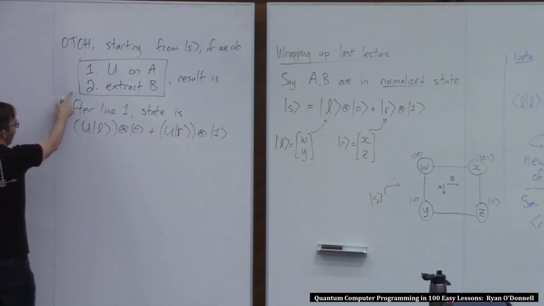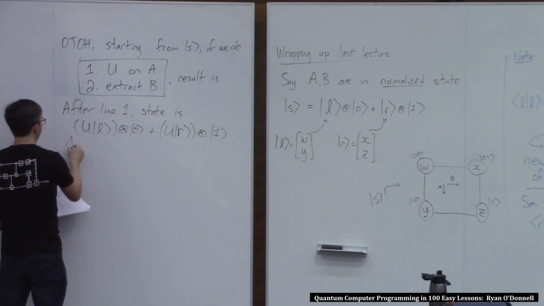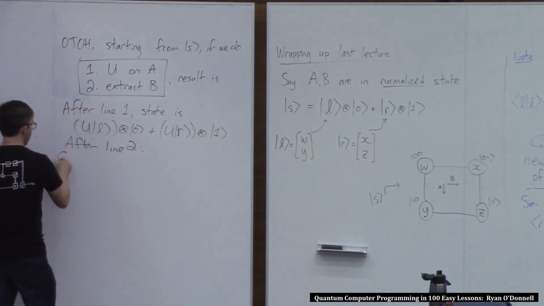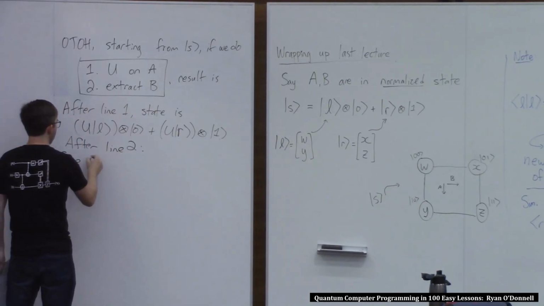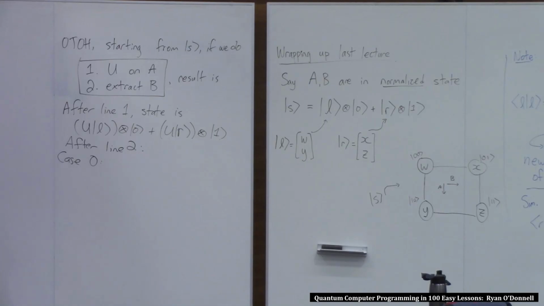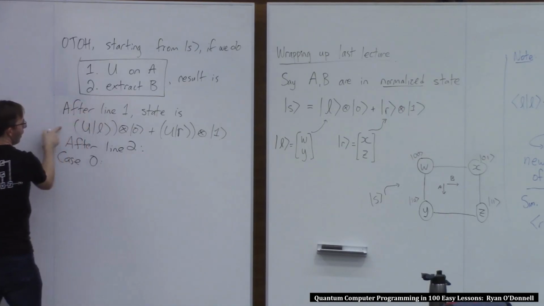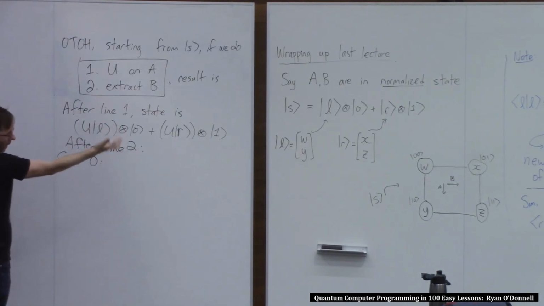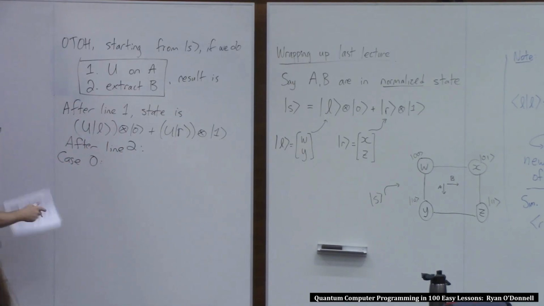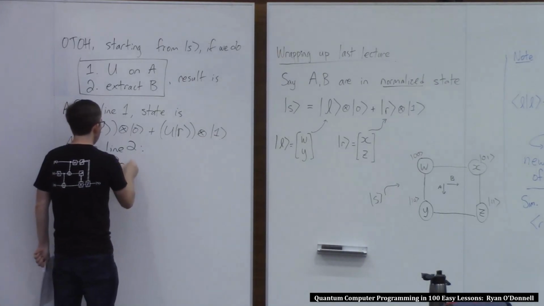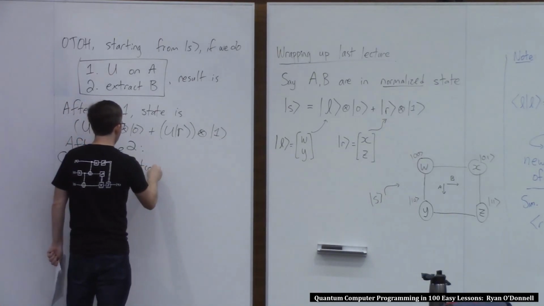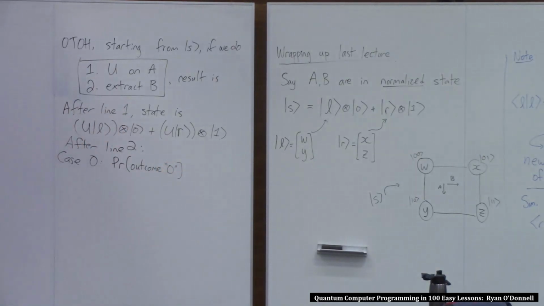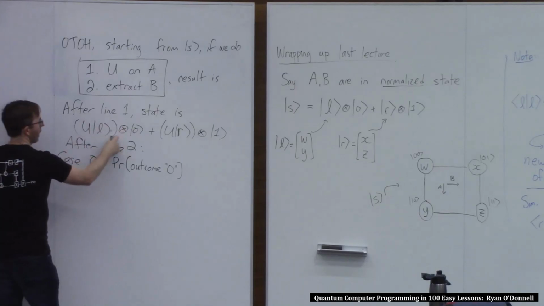And now we can think about what happens after line 2. Again, there are 2 cases, which we can again call case 0 and case 1. So now we're doing extract B on this state. And we saw last time, and also from this same calculation, that the probability that we see outcome 0 is the length of this squared.